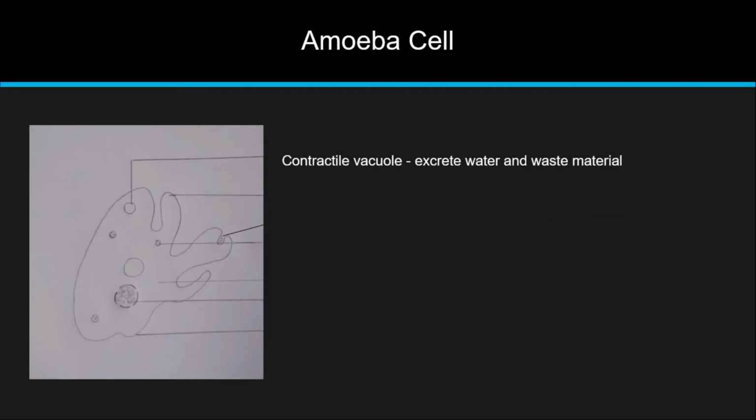All right, so we have what is called a contractile vacuole, and the contractile vacuole excretes water and waste material. I want you to observe what I'm doing on my screen here. I want to point out some stuff here. Remember that when we are labeling, we want to ensure that the font size is the same. So there should not be a capital letter here. The font size should be the same.